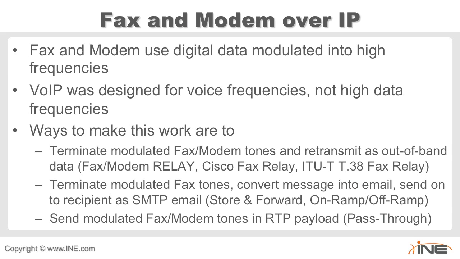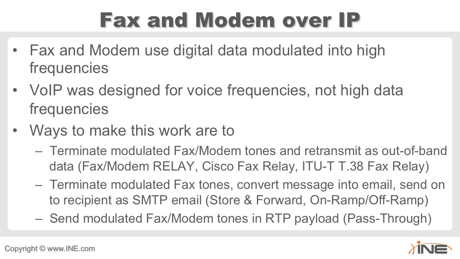Now, T.30 is the ITU-T spec for regular POTS fax transmissions. So when we speak of T.30, that's faxing over the actual POTS lines, just like H.320 is ISDN over PRI. But T.38 is fax relay over IP.